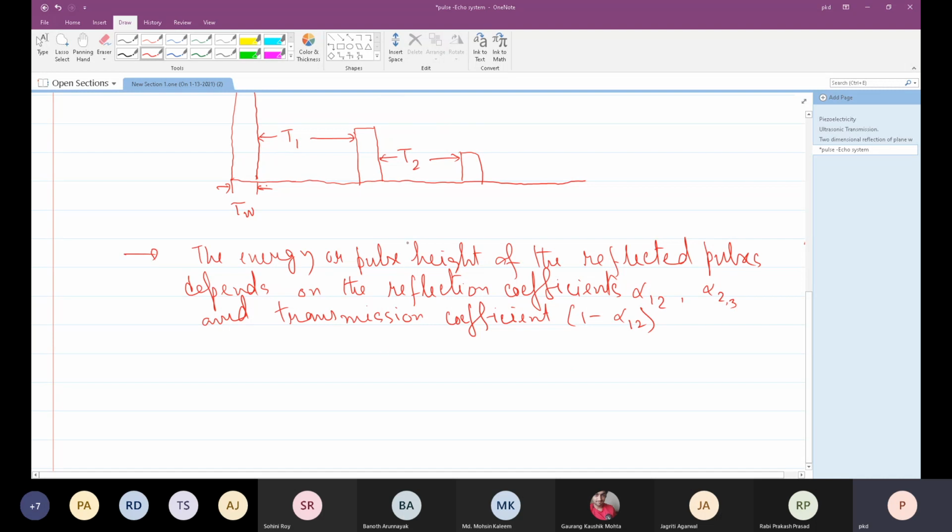So therefore, from this reflected pulse energy, we can determine the reflection coefficient as well.